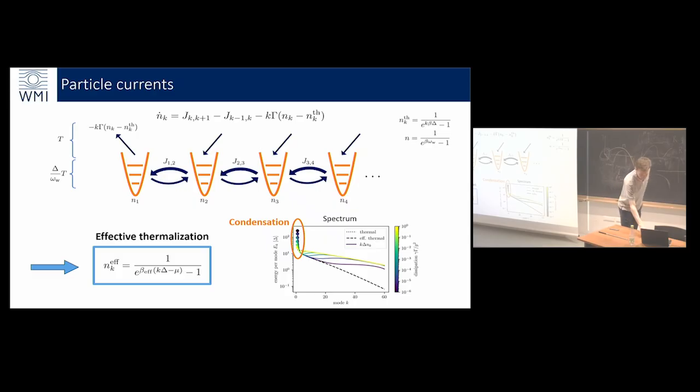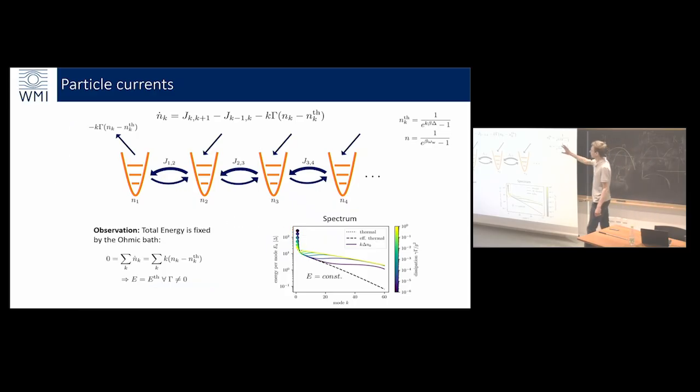And we can understand this if we just sum up all the n_k dots. That basically gives rise to the evolution of the total particle number, which must be zero in the steady state. And that tells us that the sum over k times n_k minus k times n_k thermal is zero. So basically saying the energy of all these lines I draw here is the same.